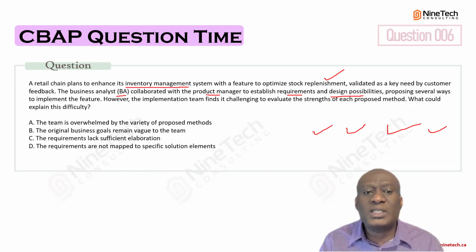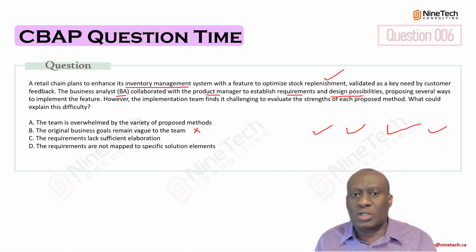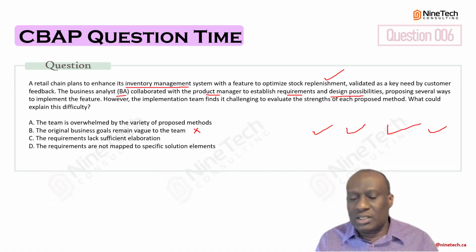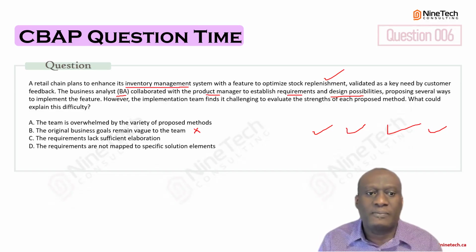B, the original business goals remain vague to the team. Now remember, nowhere in this question was it talking about business goals. So that is a distraction. So that cannot be the answer. C, the requirements lack sufficient elaboration. This is very vague, but let's look at the last option.